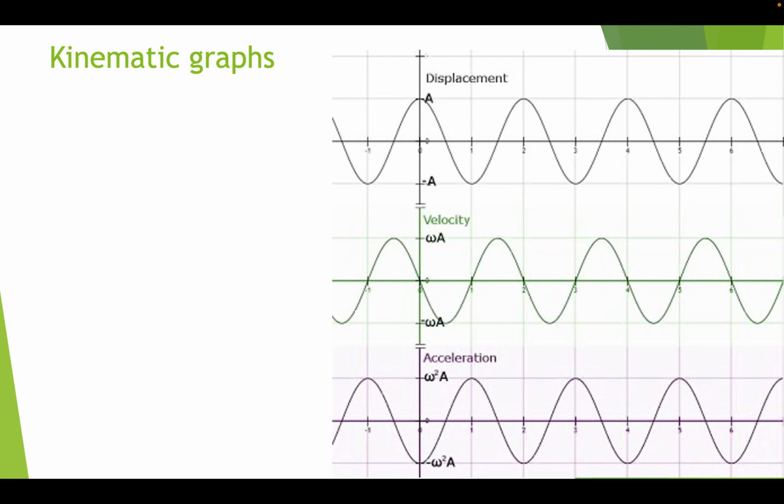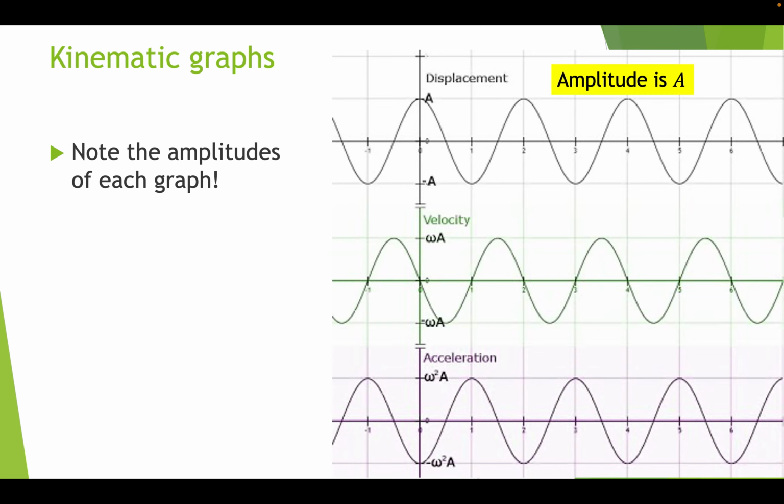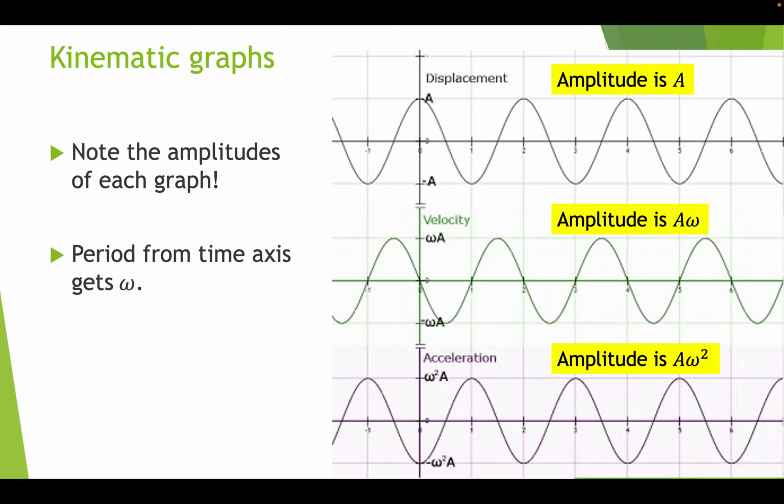But I can get omega just from the x-axis as well. If I have numbers for the x-axis, then the numbers will give me period, because period is on the x-axis. And 1 period is a full up and down. So for the displacement, or actually for all the graphs, the period will be the same.